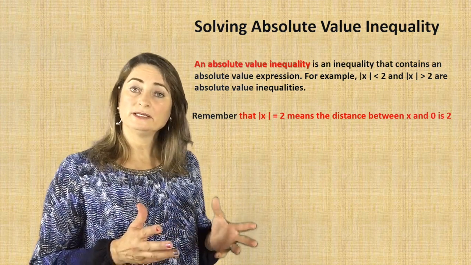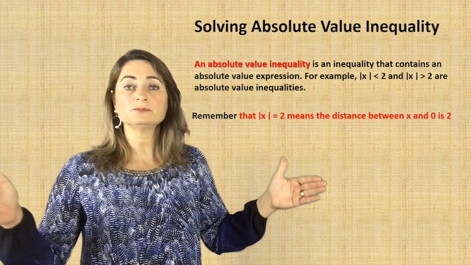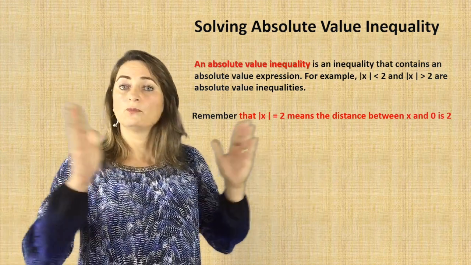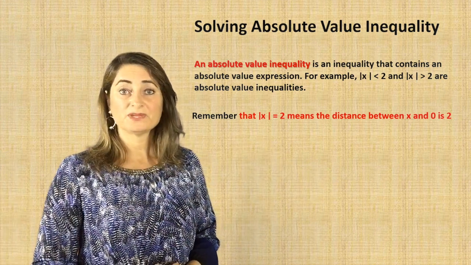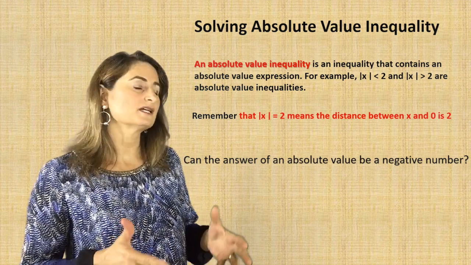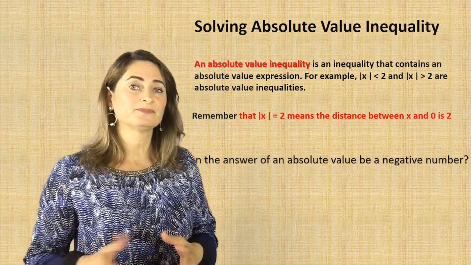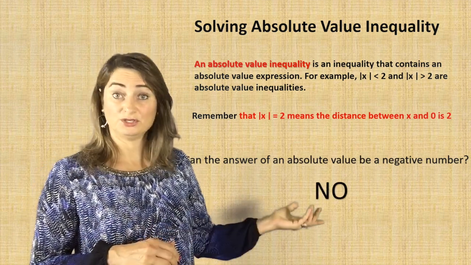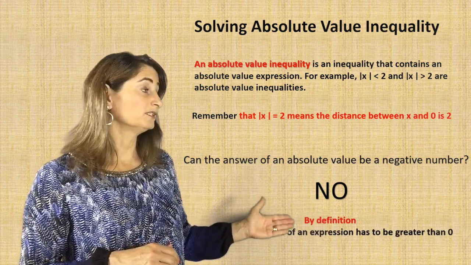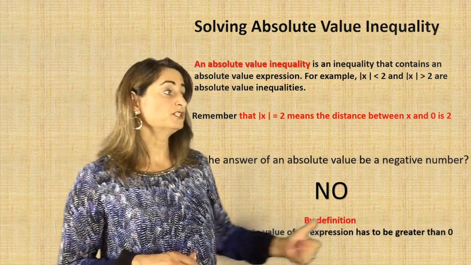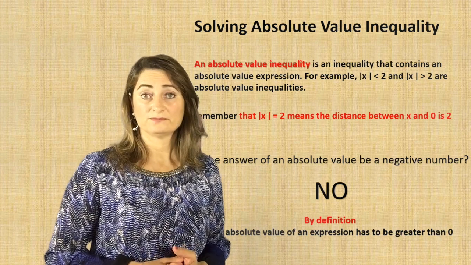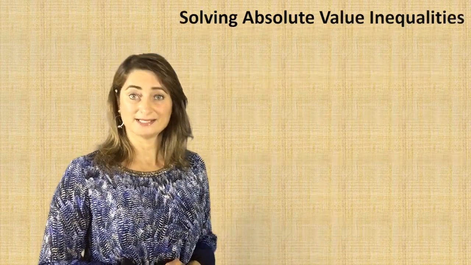When we talk about inequality, it's all possible solutions with the distance away from the zero. So can the distance away from the zero be a negative number? Absolutely not. By definition, the absolute value of an expression has to be greater than or equal to 0. And we will be using this a lot in the lesson.